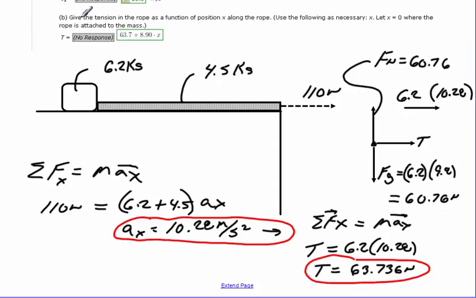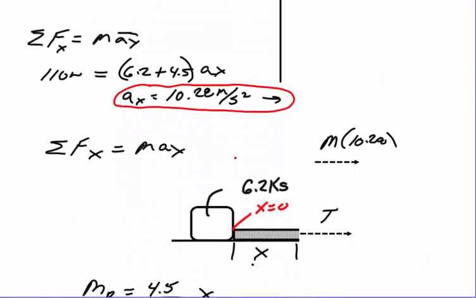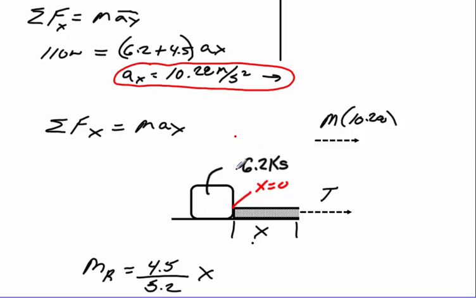The second part of the question says give the tension in the rope as a function of the position x along the rope. What I did on this problem is I drew myself a small section of the rope. The only thing that might be confusing is that I want to find the mass in terms of x.